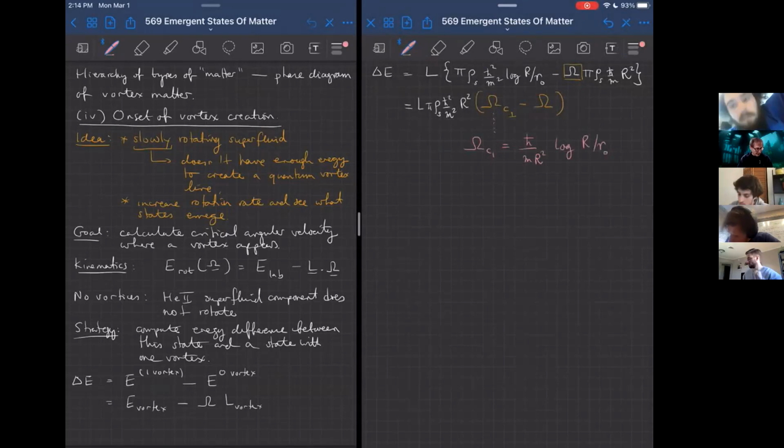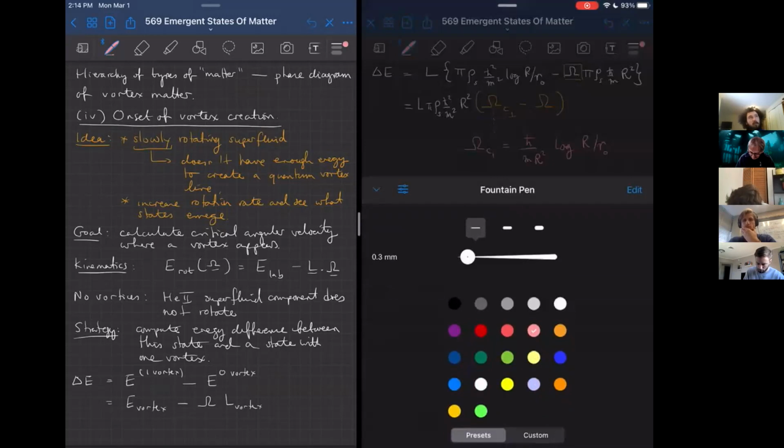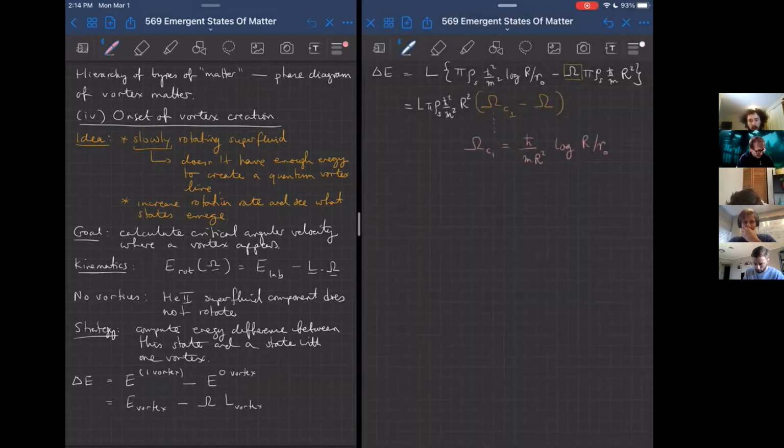So this simple calculation tells you that when the delta E is negative, then it is energetically favorable to create a quantum vortex.